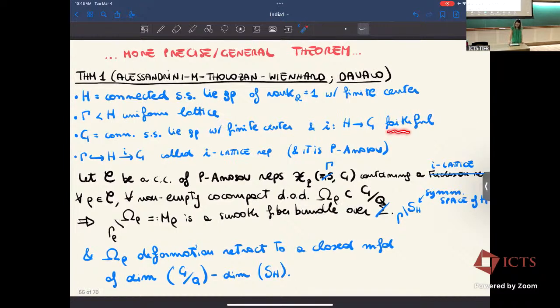In fact, I think you can relax this and just ask for finite kernel, but for today you should just think of a surface group, PSL2R. And in fact, what we prove is that the domain of discontinuity deformation retracts to a closed manifold whose dimension is the difference between the dimension of the flag space where you are, minus the dimension of the symmetric space associated to H. So this is H2 when H is PSL2R.